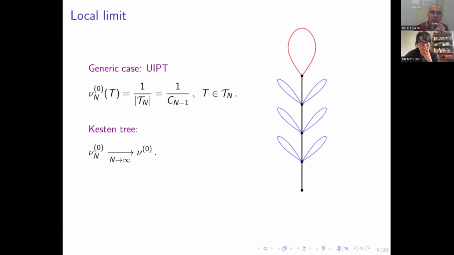Slide 6. Why do you ask that the trees are IID Galton-Watson trees? This is the case when I have the geometric critical Bienaymé-Galton-Watson trees.